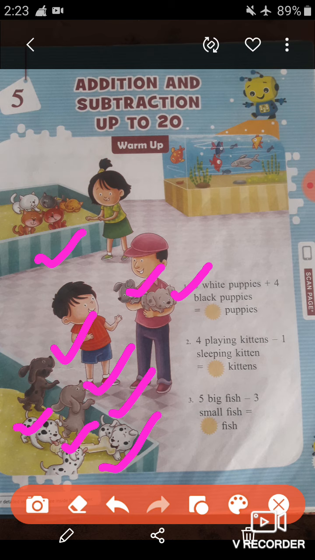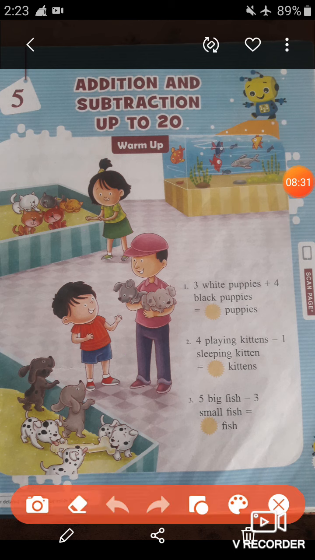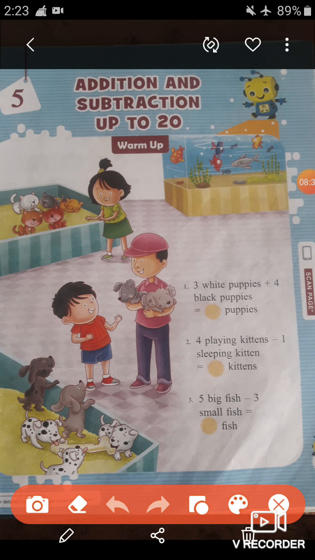So students, when we add 3 plus 4, we get the total number of puppies, 7. So you have to fill in 7. Now next, 4 playing kittens minus 1 sleeping kitten. Now students, look here.